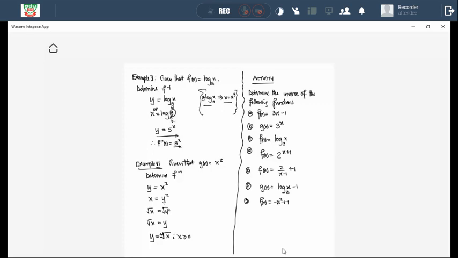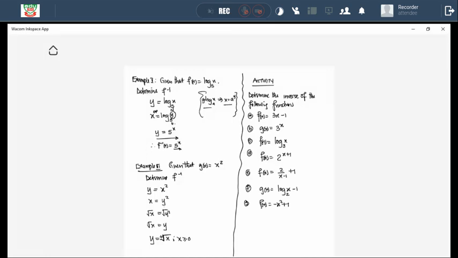Okay, grade 12, I'm sure I've tried to give you basic information surrounding the inverse of a function. Attempt that activity and follow us on EduBlush and get more and more questions.